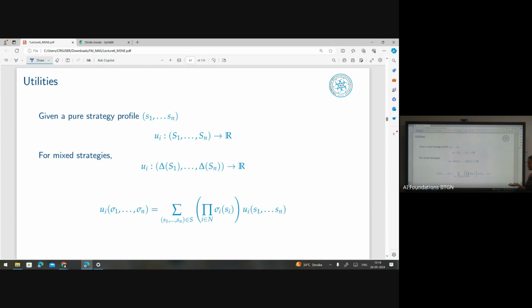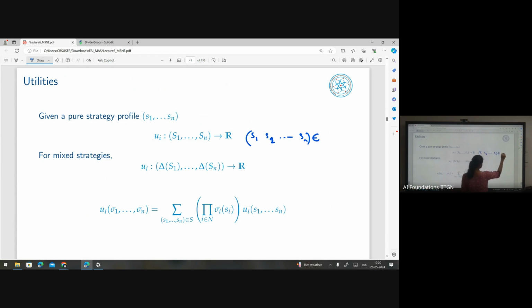And how will you calculate your utility? The idea is, for every pure strategy profile that you sample, all these agents are independently picking their mixed strategy. You just assume that they are independent. So what is the probability that this sample will occur? Say there is one strategy profile, small s1, small s2, up to small sn, that I'm picking.